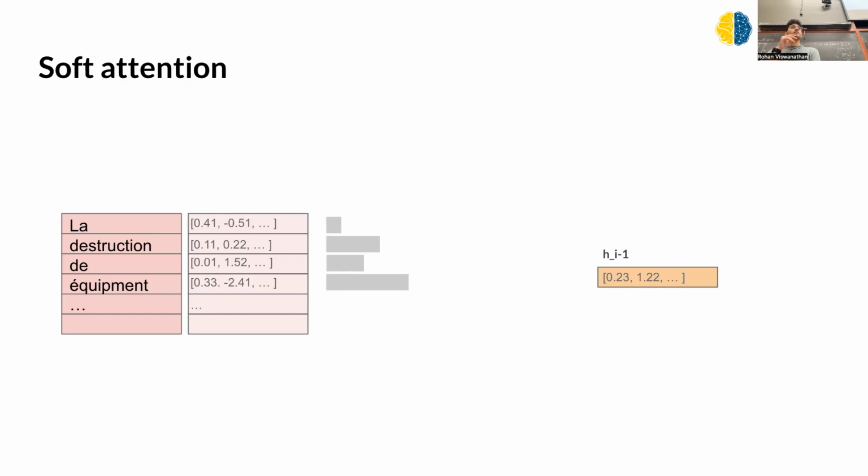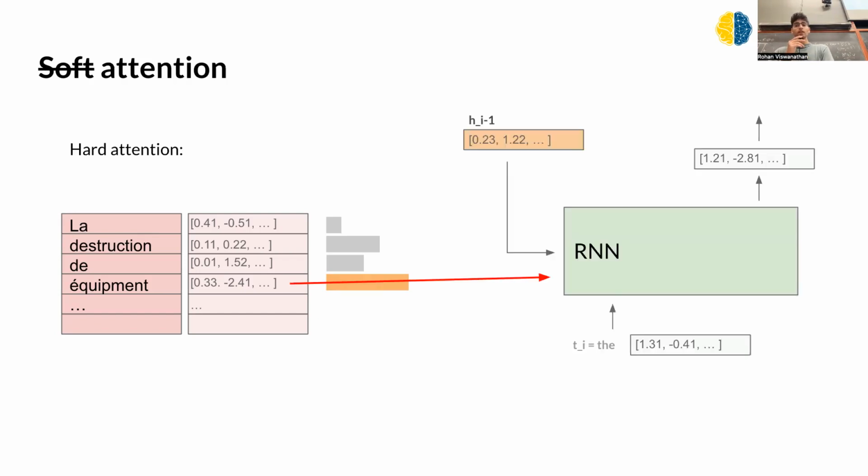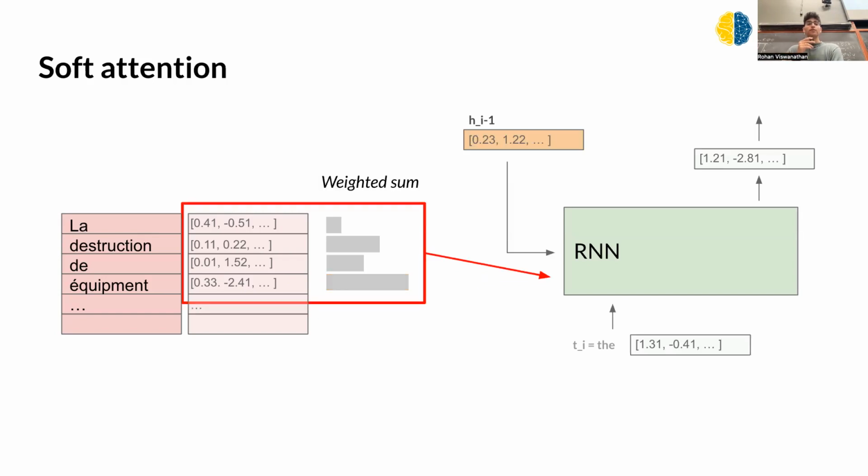This results in a distribution based on the magnitude of the dot product of some hidden representation and our database. We can treat this as a distribution. We see that the highest dot product is equipment, or the French word for equipment, so that's the most relevant to the next token that we're trying to predict. We can now pass that into our RNN and use that for future hidden states.